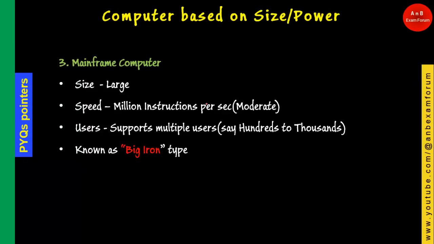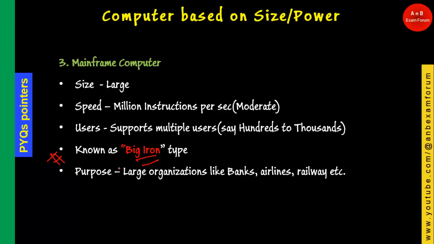A very important pointer is that it is known as big iron type. The main purpose of mainframe computer is that it is used in large organizations like bank, airline, railways, which have thousands of users. Basically those are server types, so you can think servers are basically the mainframe computer.